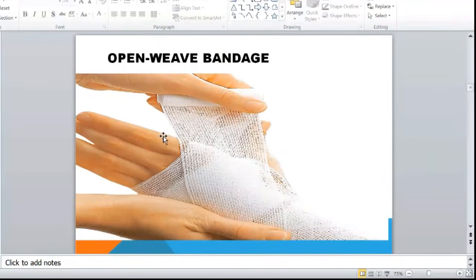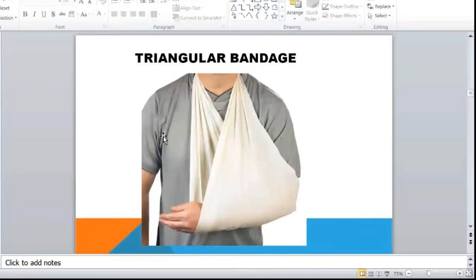Are we together? I've changed the slide. What can you see now? Triangular bandage. So we have another type, triangular. I've explained it previously, so I'm just showing the picture so that we can comprehend what I am saying.